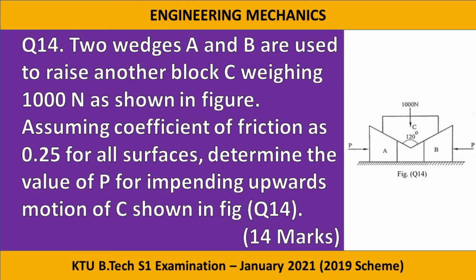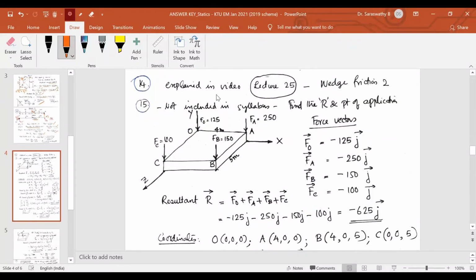Assuming coefficient of friction as 0.25 for all the surfaces, determine the value of P for impending upward motion of C. This question I have already explained in detail in my video class of lecture 25, wedge friction. I'll give the link below so that you can go through it and find the answer for that question.